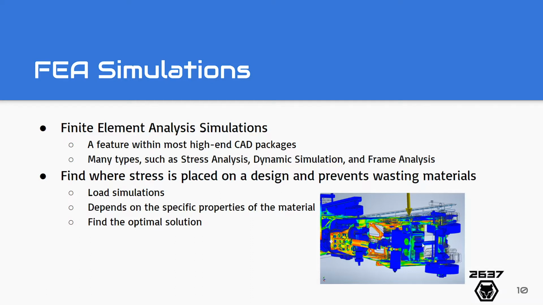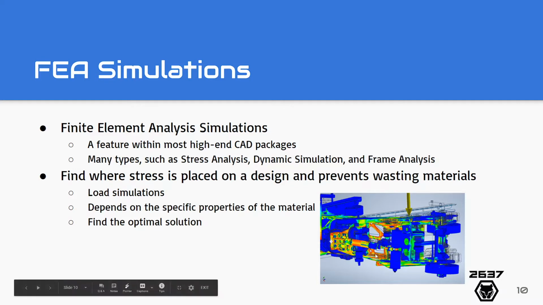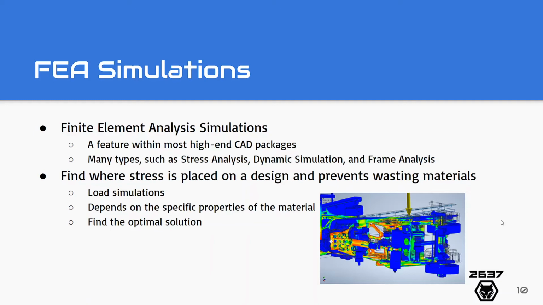If you look at the example picture here, I don't know if you can see my mouse, but the blue parts mean there isn't a lot of stress when the load is applied directly above this system. That means the red parts have a lot of stress applied to them, and you'll be able to find the optimal solution.